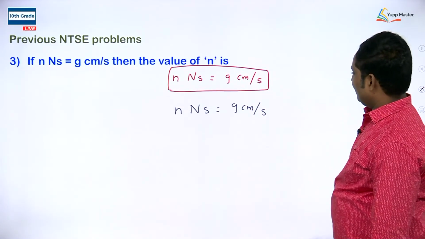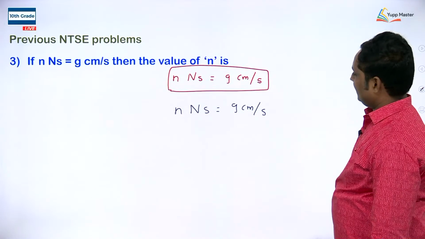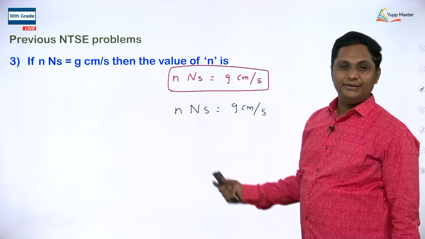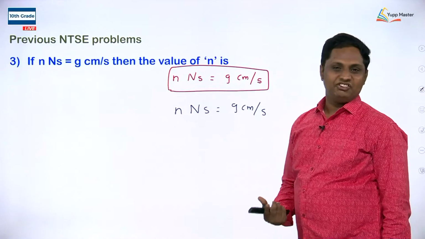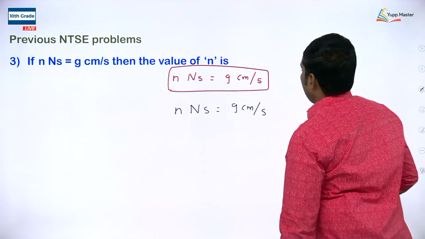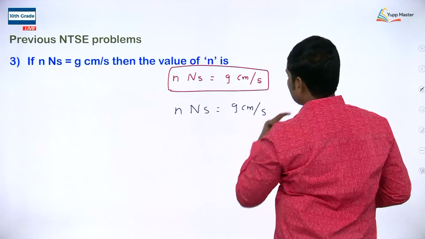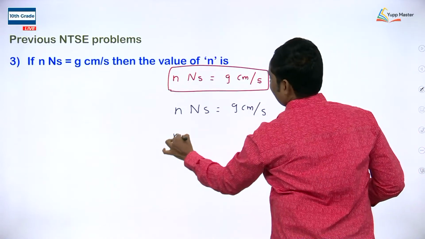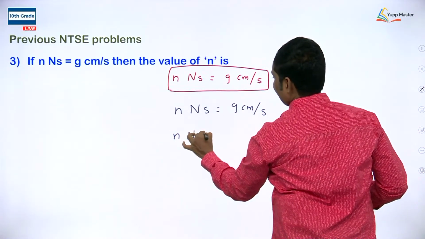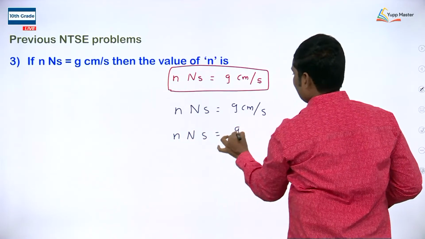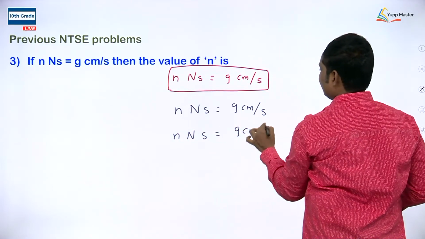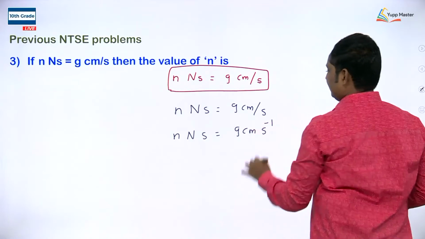Now, you are going to get this substitution and calculations easily, you know very well about this. n Newton second is equal to grams centimeter second inverse.